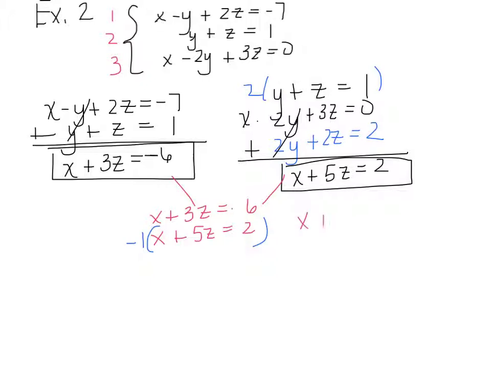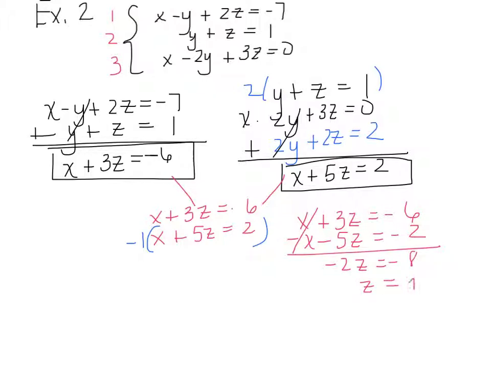So that's x plus 3z equals negative 6. Negative x minus 5z equals negative 2. So the x's cancel. We get negative 2z equals negative 8. So z equals 4.